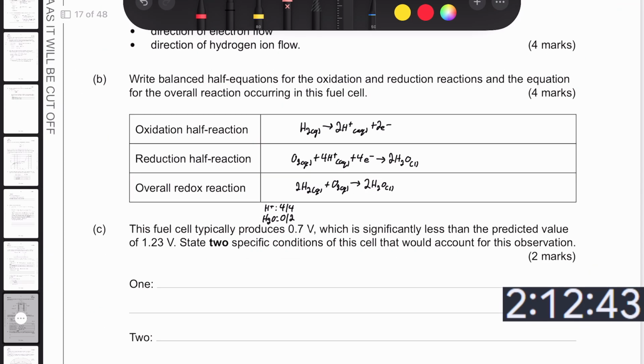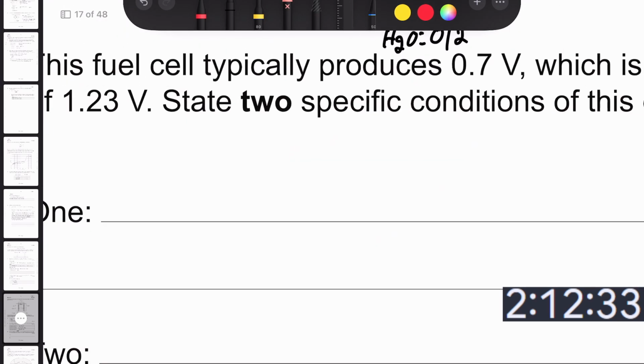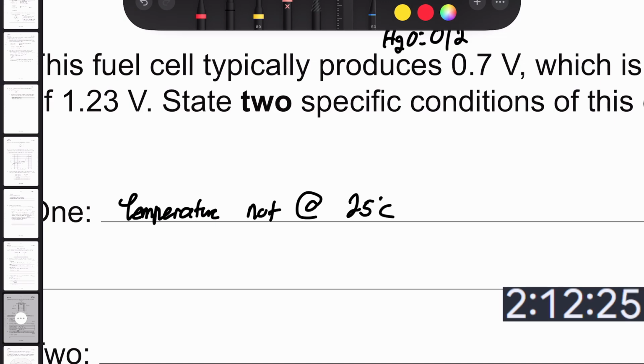This fuel cell typically produces 0.7 V, which is significantly less than the predicted value of 1.23 V. State 2 specific conditions of the cell that will account for this observation. Temperature not at 25 degrees Celsius. Uh-oh, what's the other one?